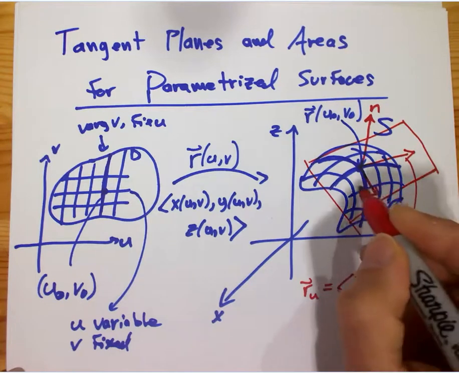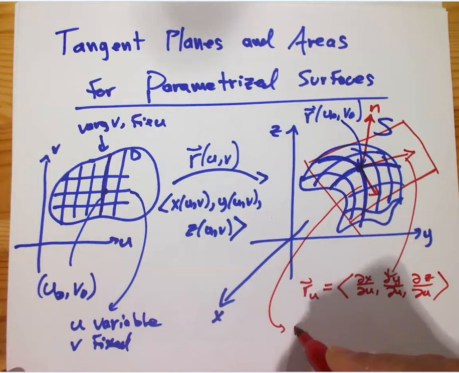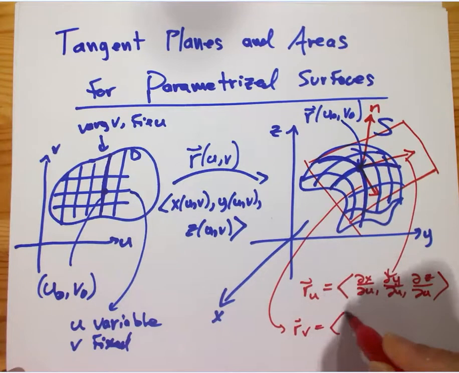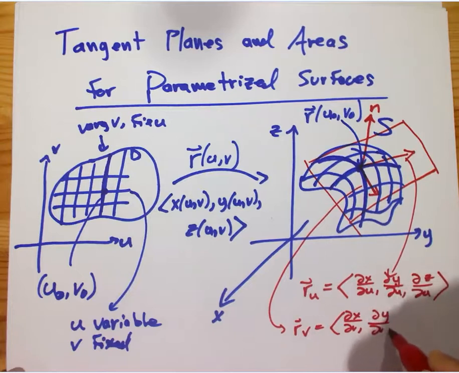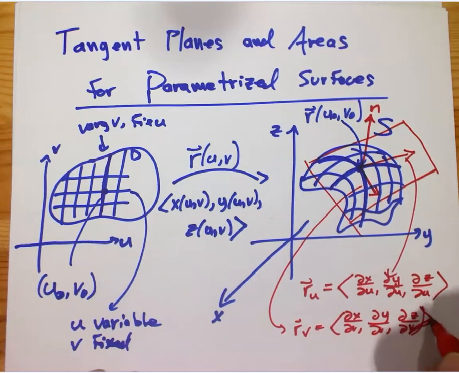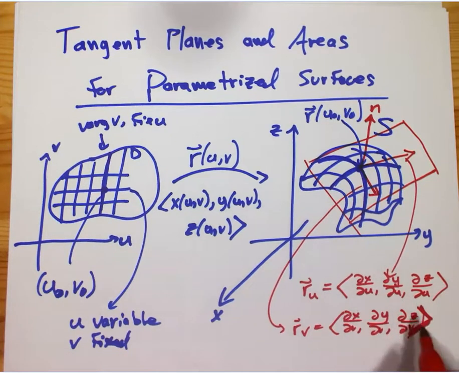And then this one is going to be r_v: dx/dv, dy/dv, dz/dv. Not surprisingly, I've got 3 output functions, x, y, and z, of 2 inputs, u and v. Oh, that should be an angle bracket, sorry. And all 6 of the relevant first derivatives are exactly the information we need here.